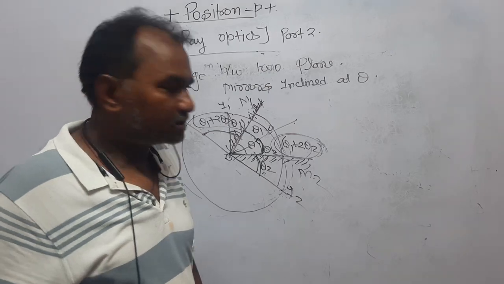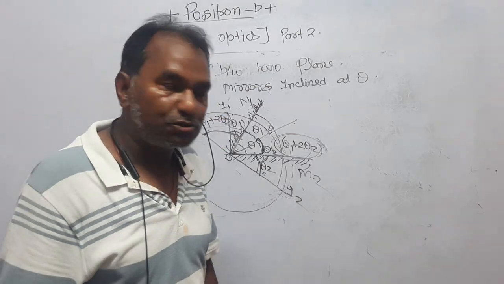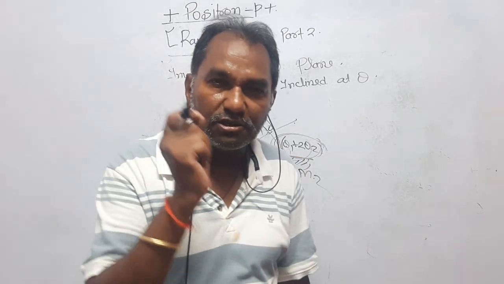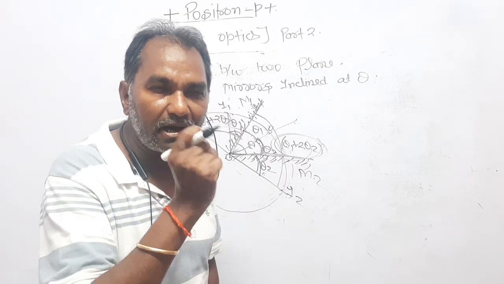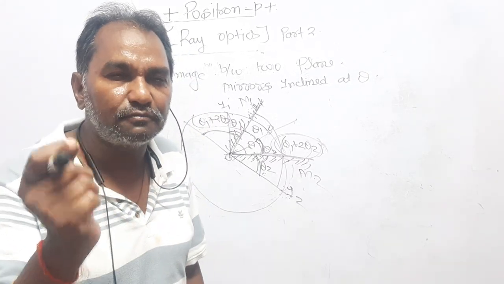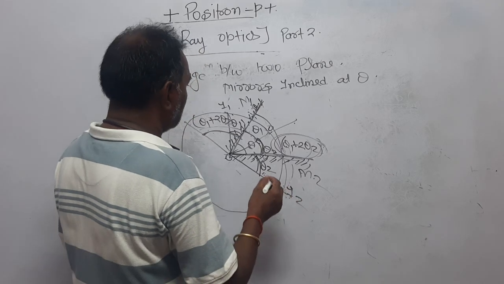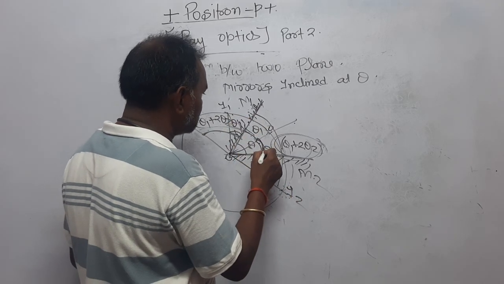Now dear student, the image I1 will behave like a virtual object for the plane mirror M2. Now find out the angle at which I1 is existing from the mirror M2. This angle is theta 1 actually. This is theta 1, this is theta 2.